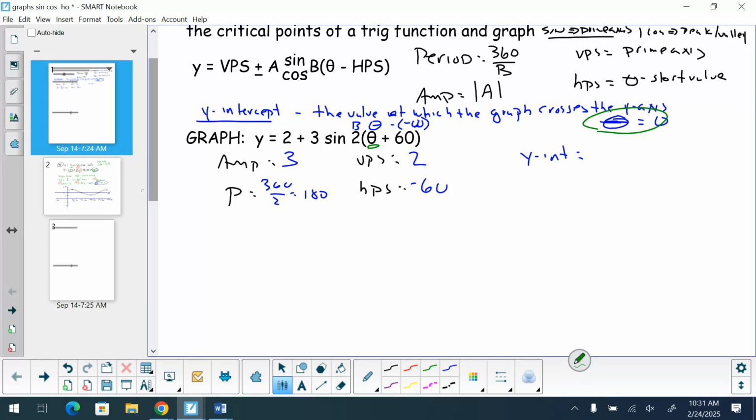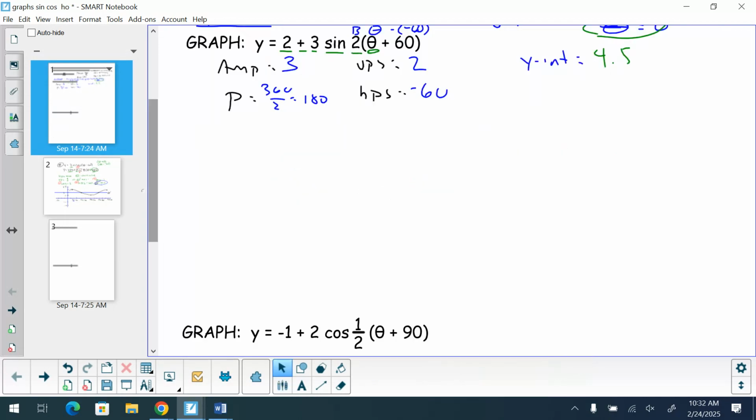What did you just write down here? To find your y-intercept, what value of theta do you have to plug in? What did you write down? Isn't it 0? Yes. So we have 2 times 0 plus 60, which is 2 times 60. 120. Yes. So you have to type in 2 plus 3 sine 120, and hit enter. 4.5. All right. Taking a look at the graph.